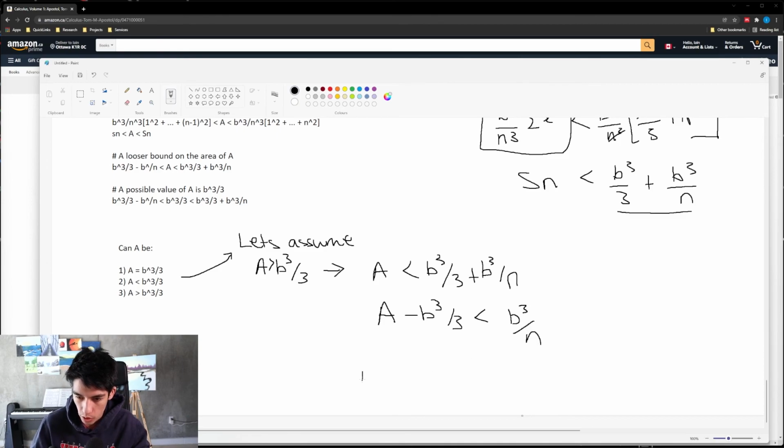And then if I multiply this term on the right hand, I end up with b cubed over 3.